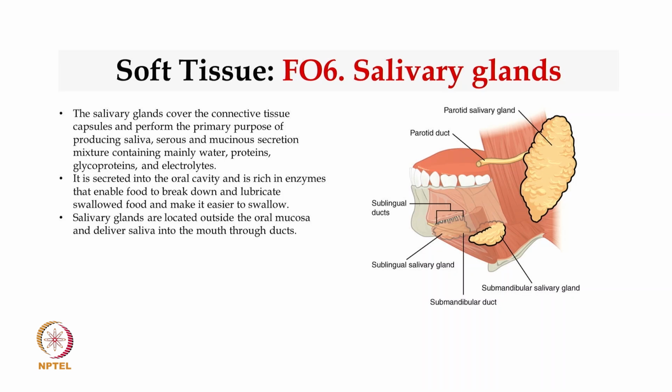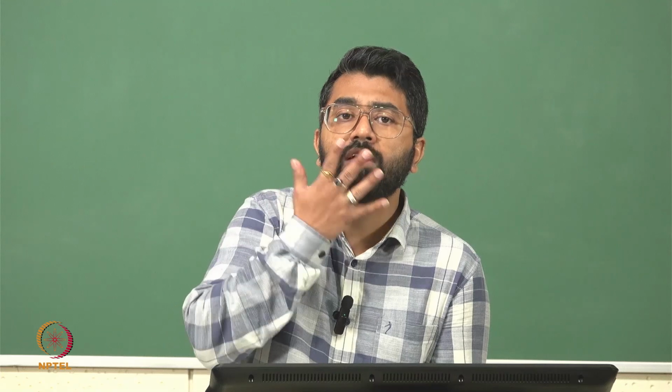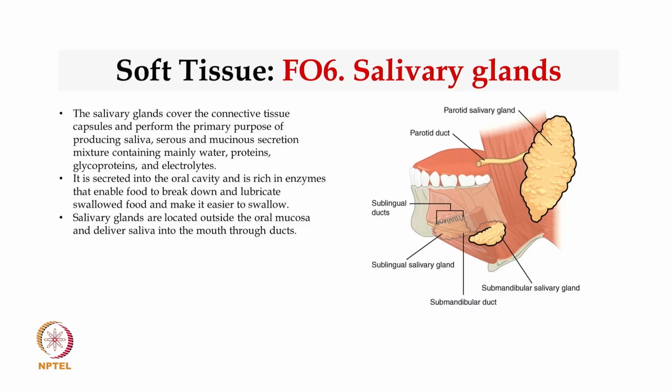Salivary glands typically create the saliva in your mouth, which helps break down the food we eat and lets it go further towards your stomach for better digestion. It is secreted into the oral cavity and is rich in enzymes that enable the food to break down and lubricate the swallowed food to make it easier to swallow.